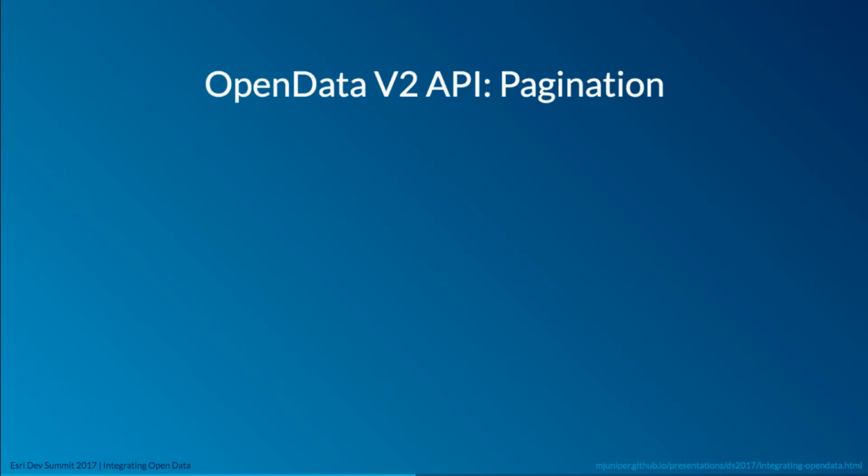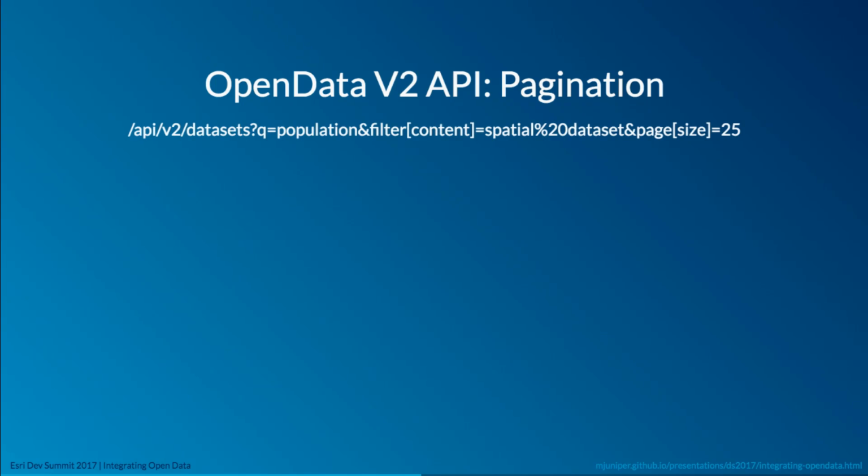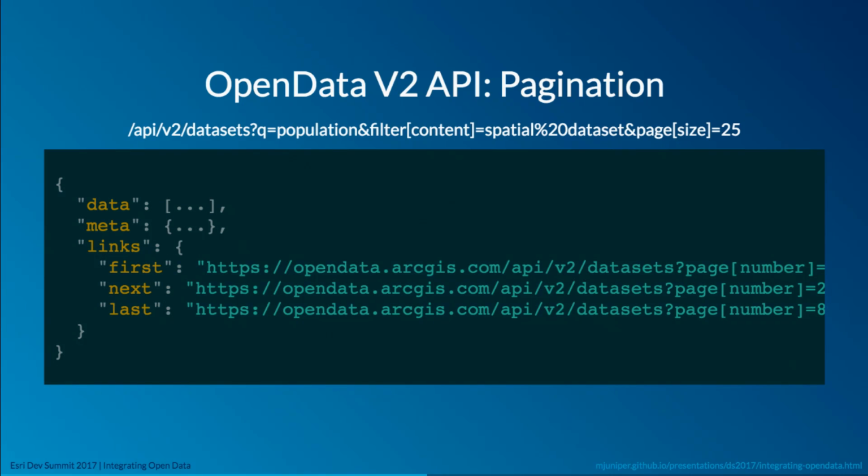So pagination is also another thing that JSON API defines, but kind of leaves some wiggle room for particular implementations. The way we've decided to do that is to actually populate this links key and to give you the first, the last, and the next page.